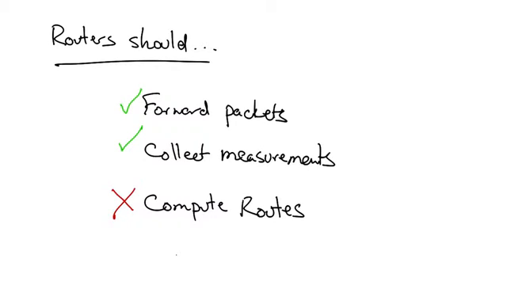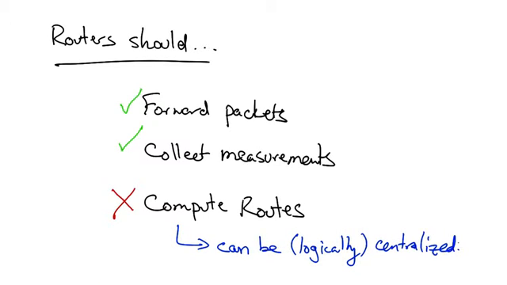Although conventionally routing has operated as a distributed computation of forwarding tables, the computation doesn't inherently need to run on the routers. Rather, the computation could be logically centralized and controlled from a centralized control program. This logical centralization is the fundamental tenet of SDN.